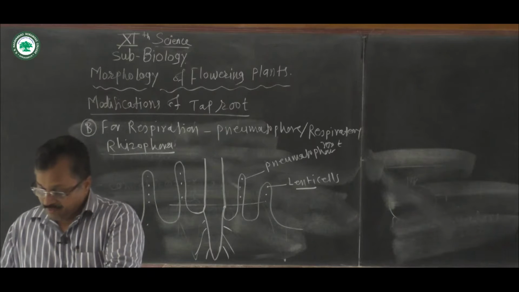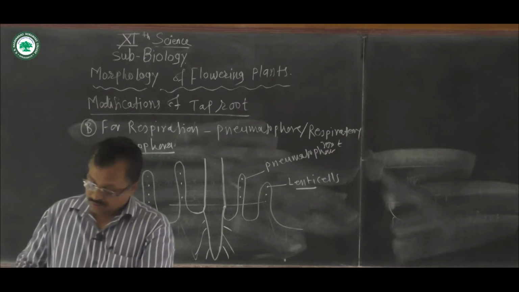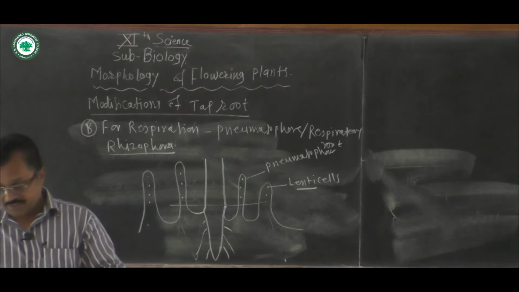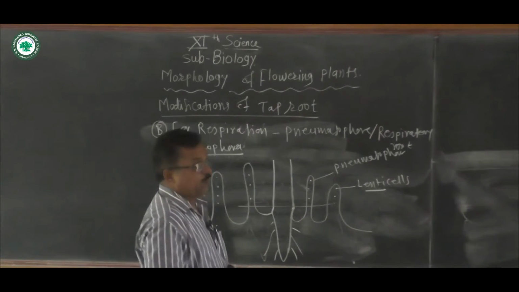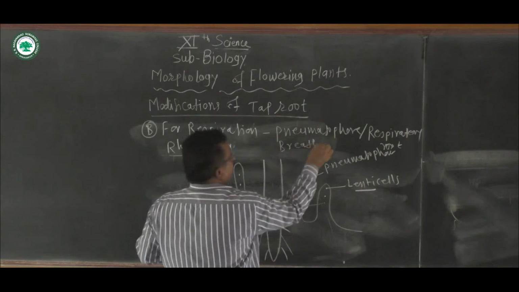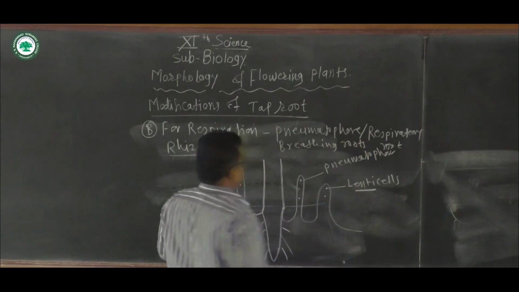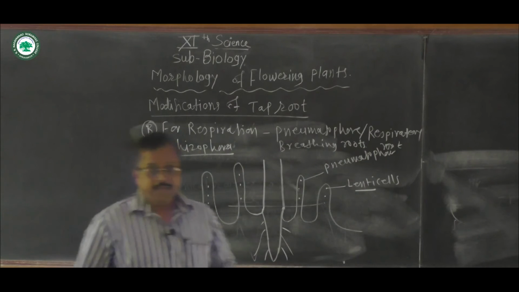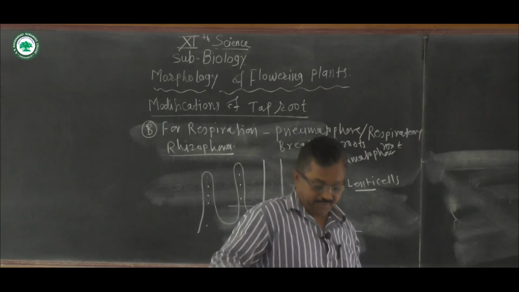Roots grow negatively geotropic. Roots bear many small pores called lenticels for exchange of gases. Hence, these roots are also called breathing roots. Okay, thank you.